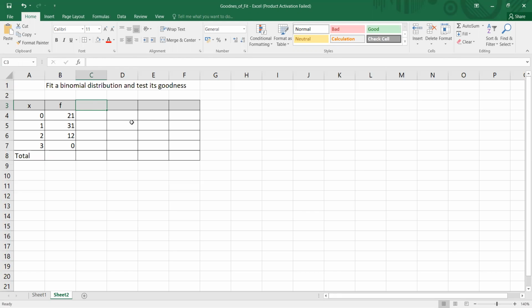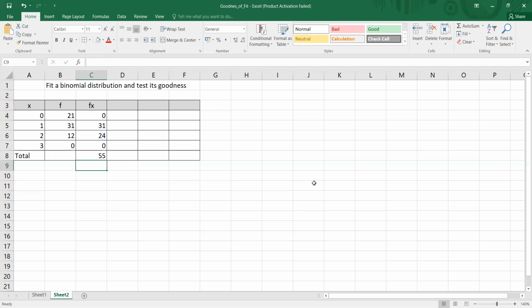The observed mean can be computed by grouped data fx. So we have f multiplied by x. This is the column which is required here. F multiplied by x, this will be 0, and this is to be computed for the remaining cells.